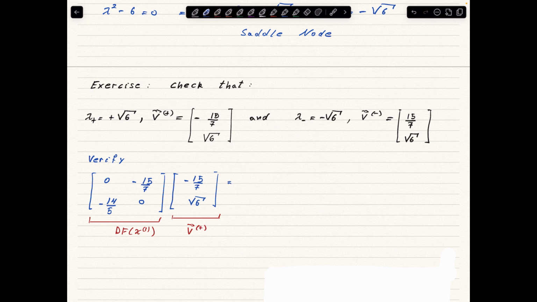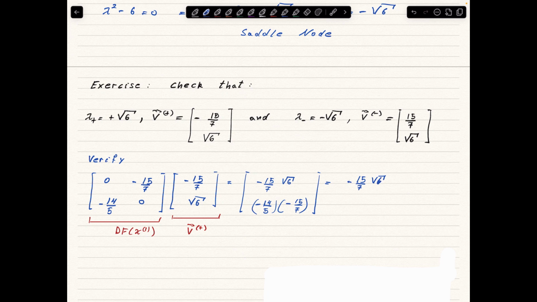Let's see what we get when we do the product. We are verifying that this is actually an eigenvector, so we do the product, and we are going to get negative 15/7 times square root of 6. And down here we are going to get negative 14/5 multiplied by negative 15/7. Very strange number, but see what happens. On the top, we don't do anything, square root of 6.